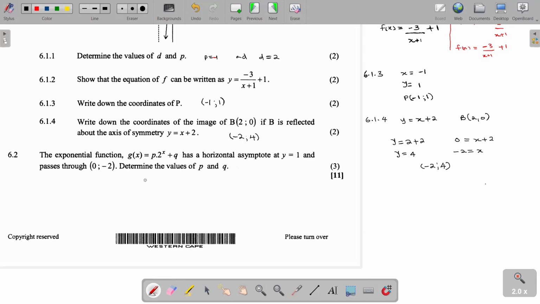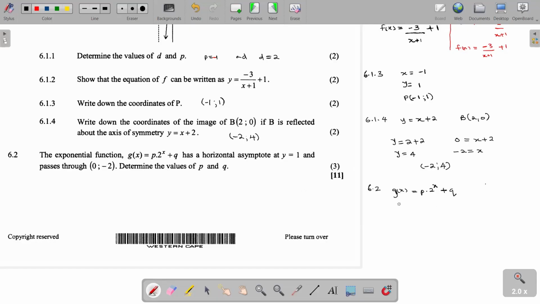And then the last part, they are saying the exponential function g(x) is given by, that is 6.2. We are having exponential function g(x), which they are saying is equal to p multiplied by 2 to the power x plus q, as a horizontal asymptote y equal to 1. And you have to know that this q tells you about the asymptote.